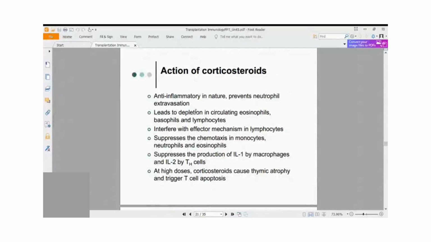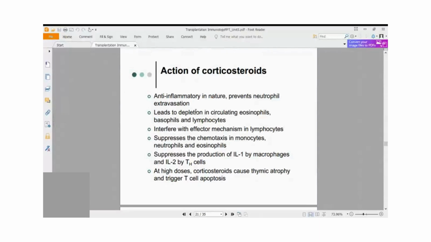They are also used in cancer patients to prevent the inflammatory reaction, because cancer is also an inflamed area of the body which is being attacked by the immune cells, and we will come to that when we talk about tumor immunology in the last part of this unit. So for the time being, keep in mind the anti-inflammatory response is very important to control the flaring of the immune response and control the damage to the cells.